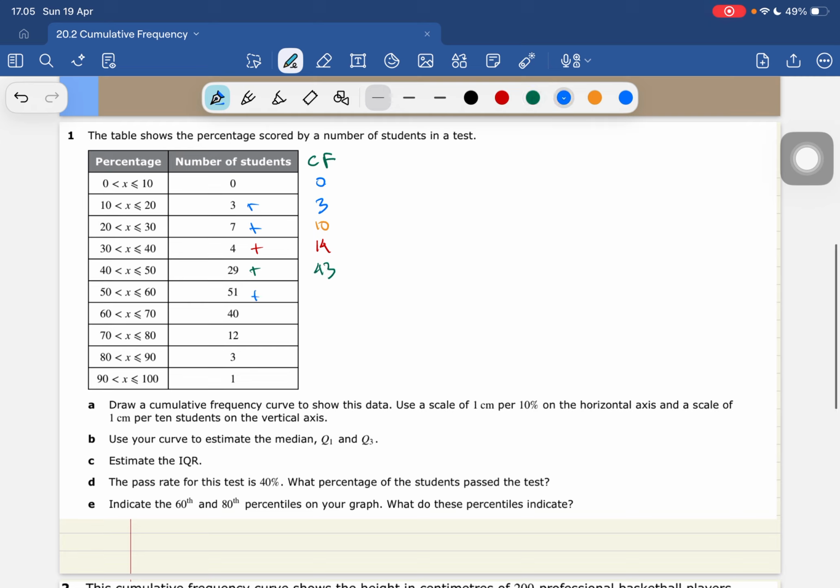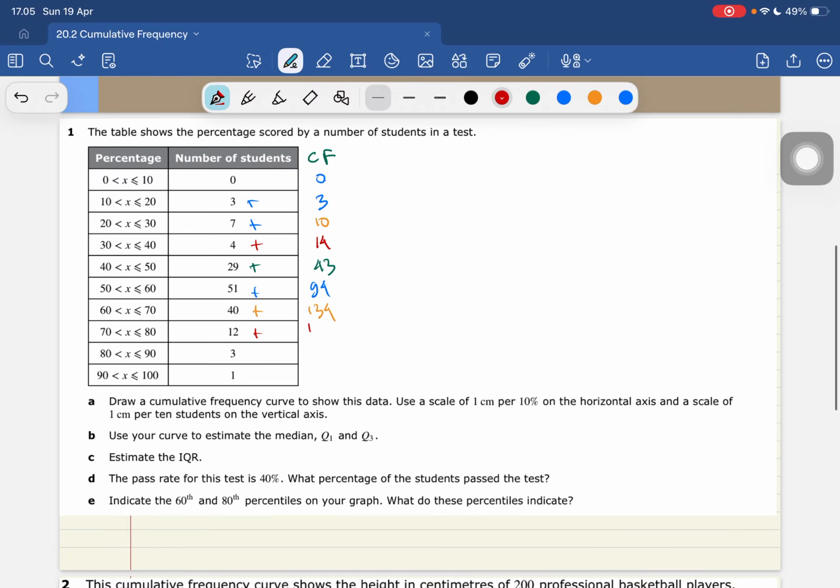Then 43 plus 51 is 94. Next we add 40, it's 135. Next we add 12, it's 146. Plus 3 is 149, and then plus 1 is 150. Here is the cumulative frequency.